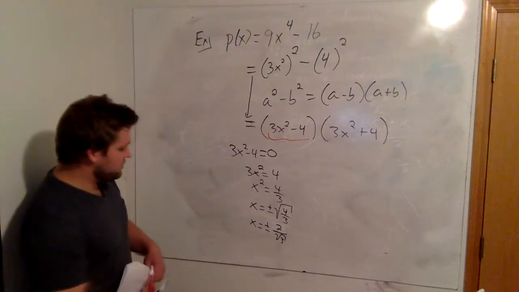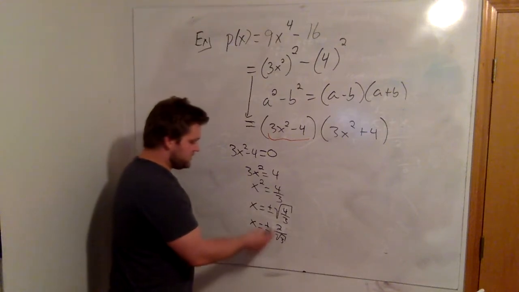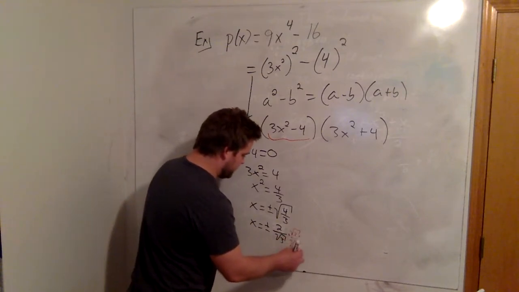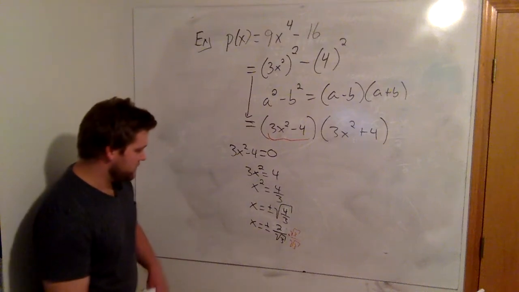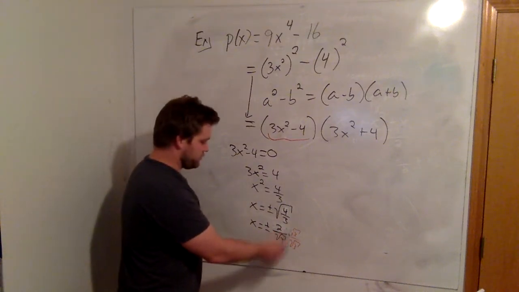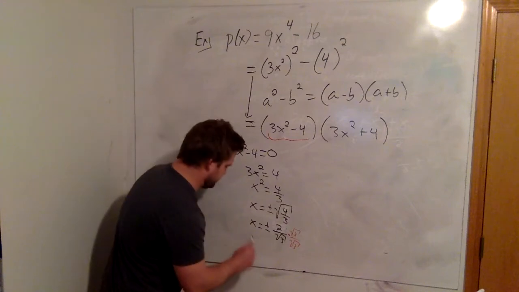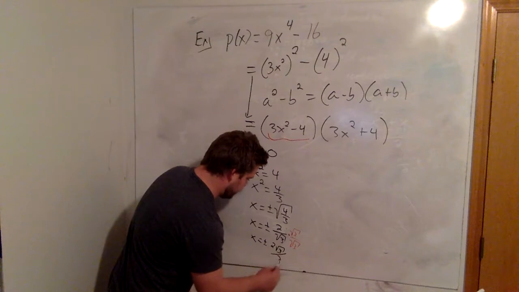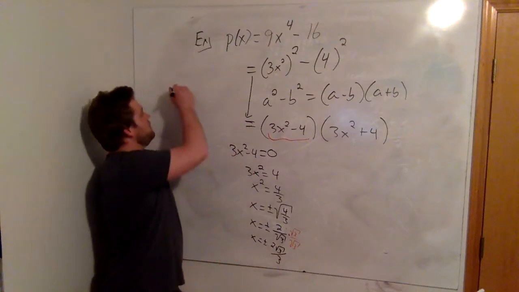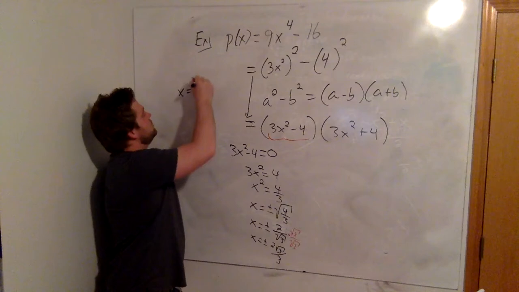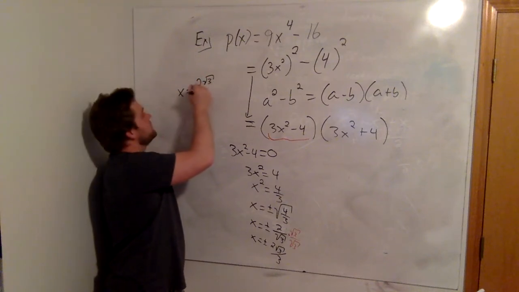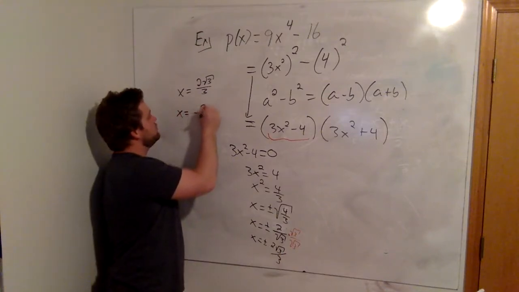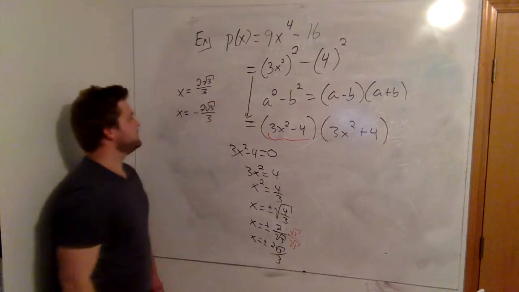Now oftentimes it's nice to rationalize the denominator. This is a common thing to do. So I'm going to multiply top and bottom by root 3 over root 3. This is the first best trick in the math book, cleverly multiplying by 1. So plus or minus 2 root 3 over 3. So I have roots so far: x would be equal to 2 root 3 over 3, and I have another one, x would be equal to negative 2 root 3 over 3.